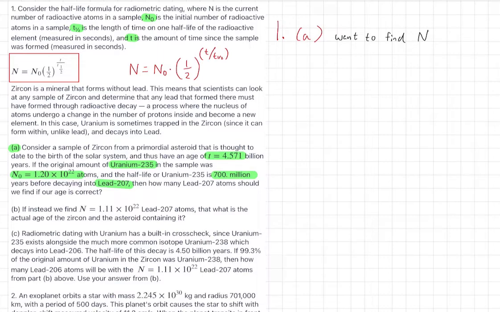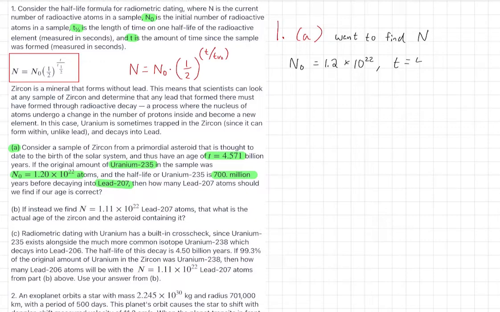So then we don't know N, which means the formula is actually immediately set up to solve for it, considering that is our unknown. So what do we know? Well, we know N naught. We're given that as a value, 1.2 times 10 to the 22. No units on that because it is just a number of something, just counting. And then the other key information we have, two of them actually, is the age.